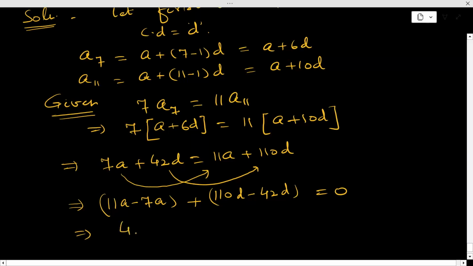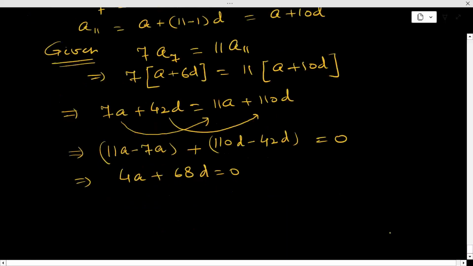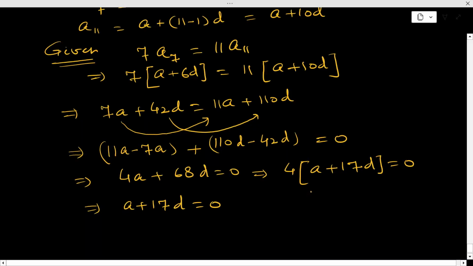So this implies 4a plus 68d is equal to 0. If you take 4 as common, you will have a plus 17d is equal to 0. So a plus 17d is 0, because 4 cannot be 0, it is a constant.